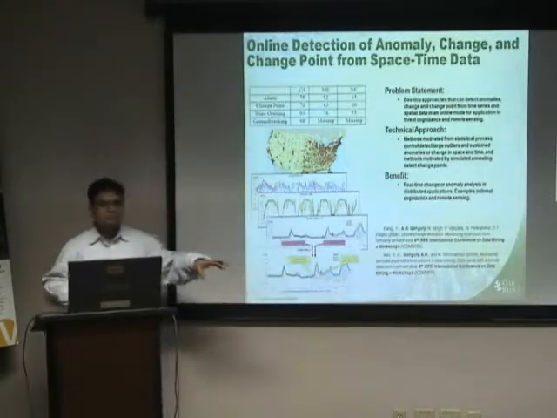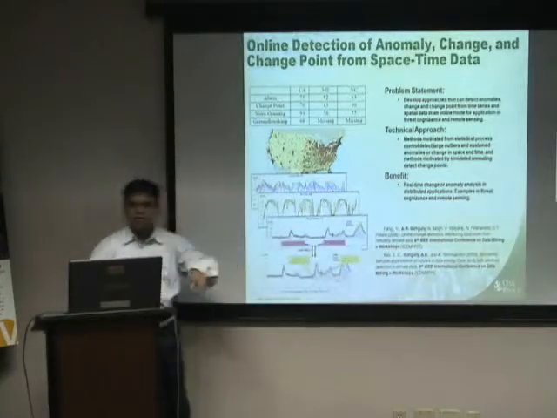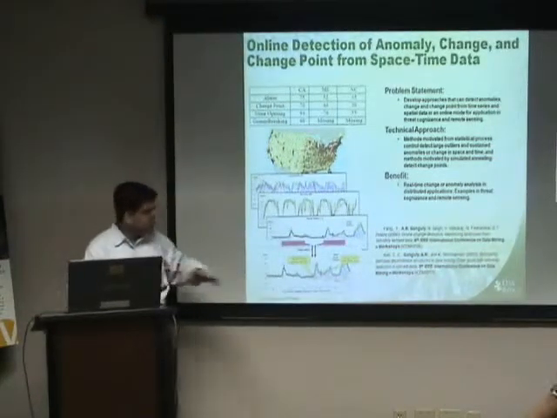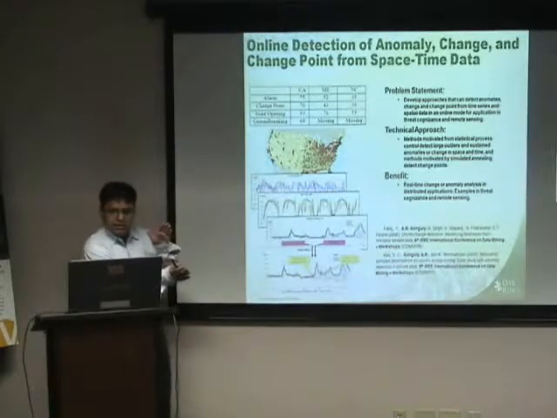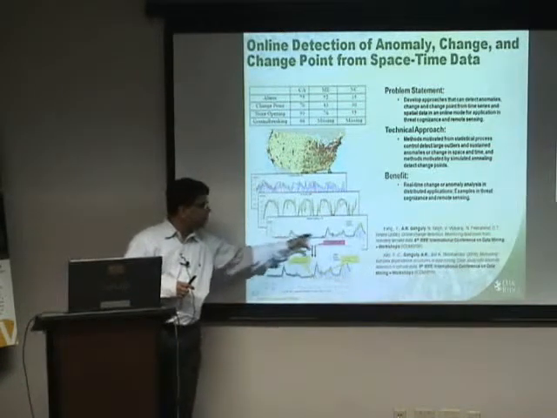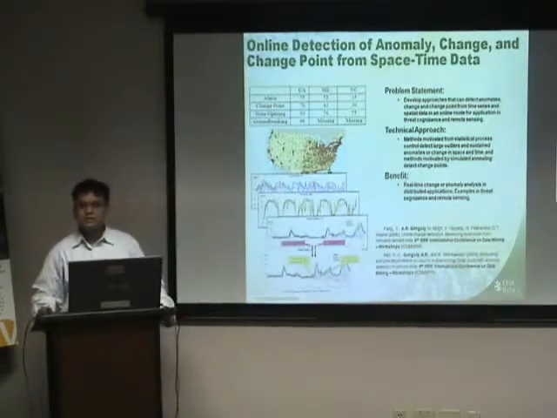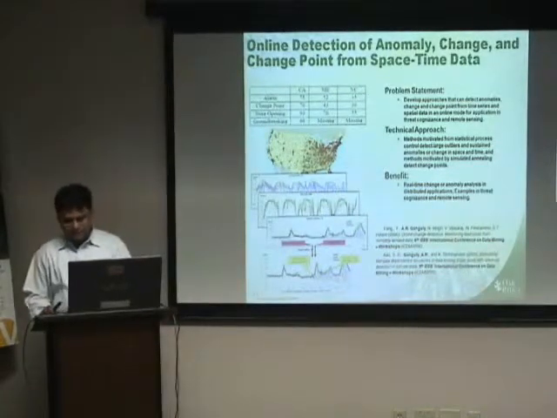Blue is the bordering area, red is the area in or around Walmart. So we do see visually, when we see this, these things growing apart gradually. The question is how best can we detect the change, and can we go back and detect the change point? How good are we at that?